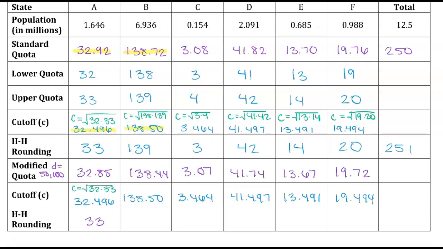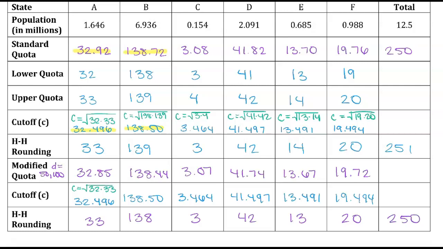But our modified quota is only 138.44, so now we round down to 138. State C will still round down, D will round up, State E will round up, and State F will round up. So the only change was with State B, which brings us down exactly 1 seat to 250 exactly.